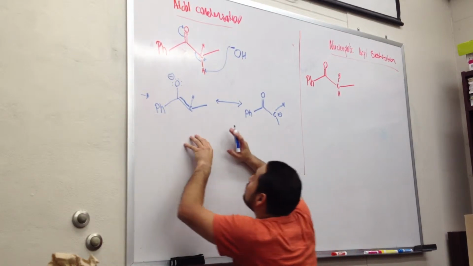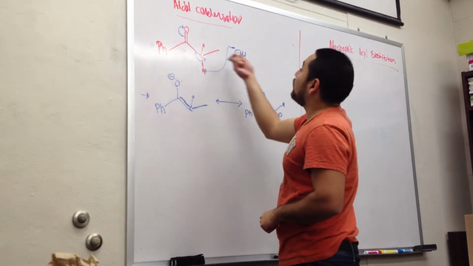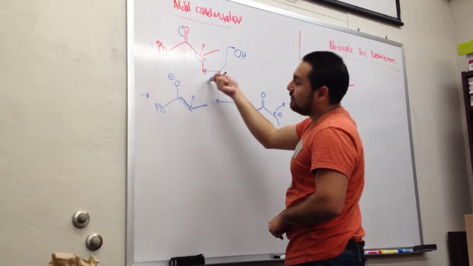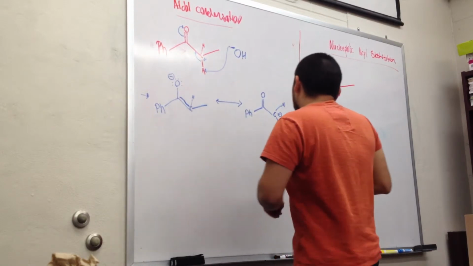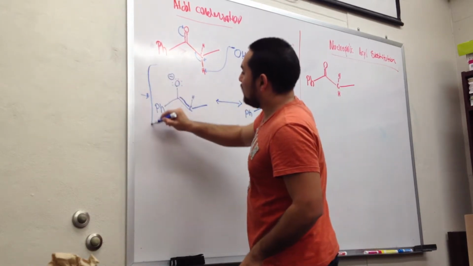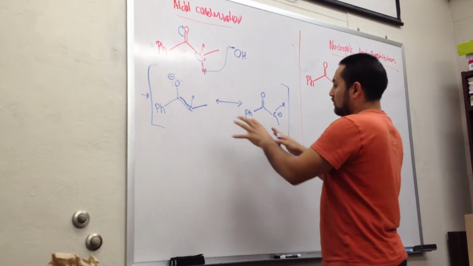This is an aldol condensation, where I have a carbonyl compound in the presence of a base. The base will always go for the alpha hydrogens. And this will be a structure in resonance. So these two things are gonna go hand in hand.